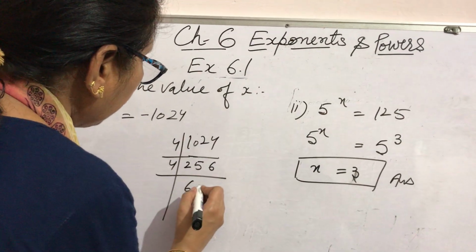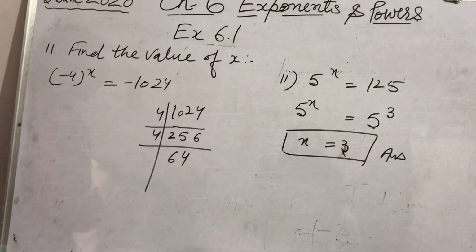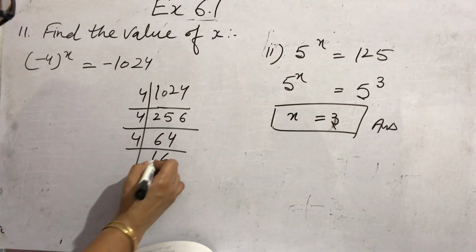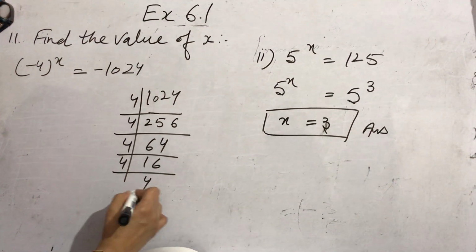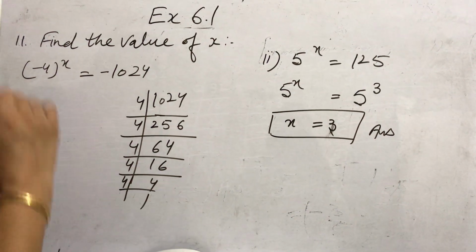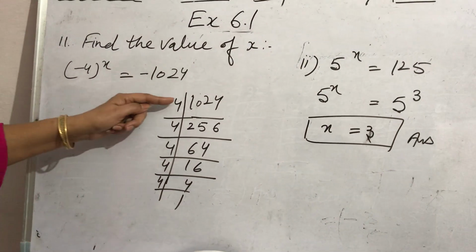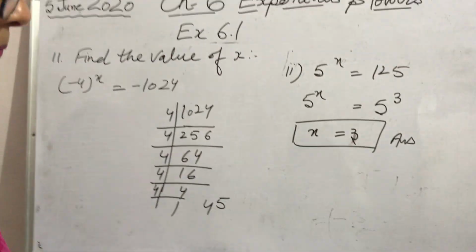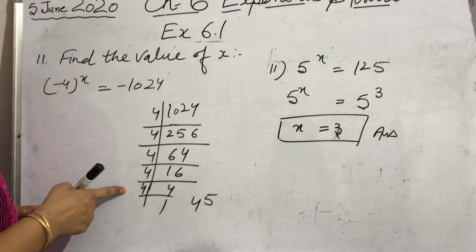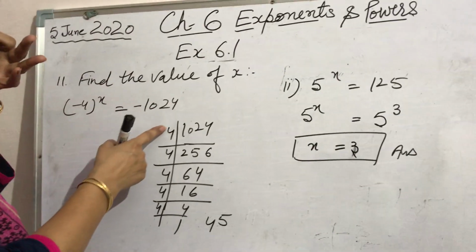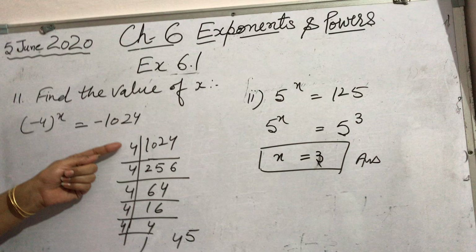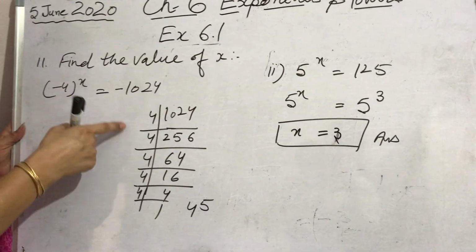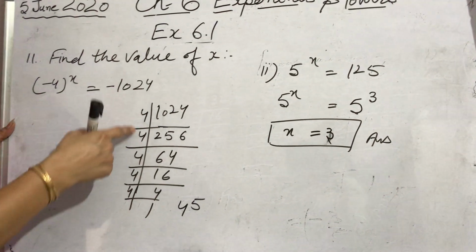4 sixes are 24, 4 fours are 16, then 4, again 4. Now 1, 2, 3, 4, 5, having power 5. We could use 2 here because, according to prime factorization, we should use only prime numbers, but in this case we need 4 as the base, that's why we have used 4 here.